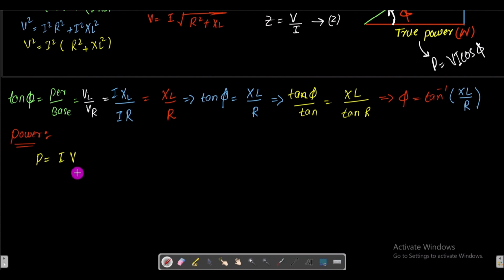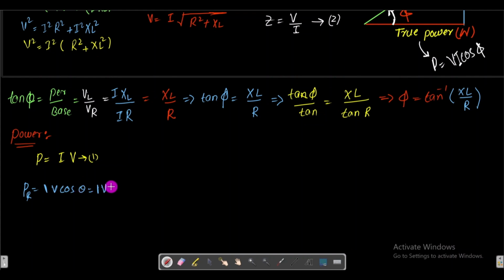So this is the equation for the power, and the power through a resistor is given by P equal to I V cos theta, where this is the I and V. In the resistor, we know that the current and voltage are in phase with each other.